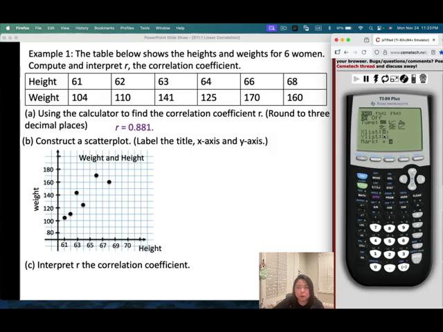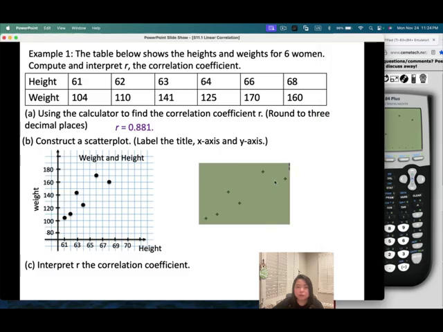My data is going to be in L1, so 2nd 1 for L1, 2nd 2 for L2. And for the mark, it doesn't matter which one you choose. I'm going to choose this one. Now, I'm going to click on ZOOM, choose number 9, ZoomStat. So you're going to have this picture. Compare it with your result, it should be exactly the same.